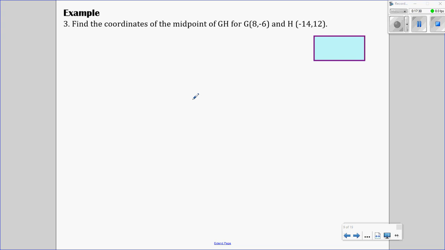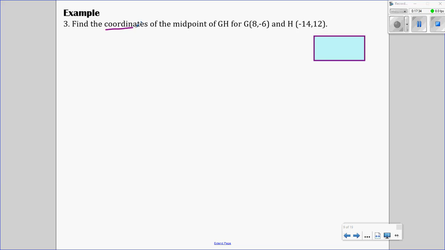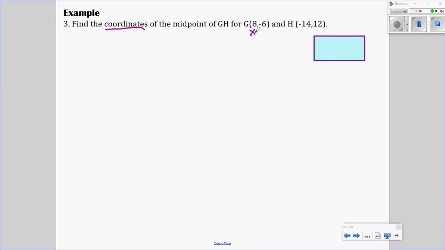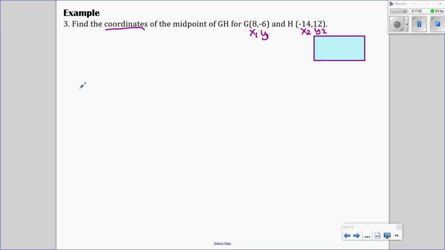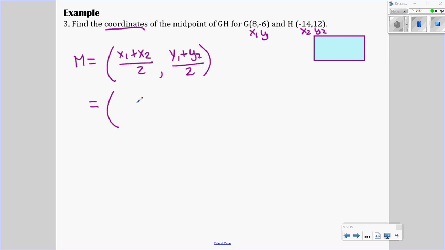All right, so for this one, we're going to find the coordinates. Notice how they say coordinates of the midpoint, GH, for G and H. So again, we label x1, y1, x2, y2. And then we use our formula: x1 plus x2 over 2, comma, y1 plus y2 over 2. And then we plug in our information.